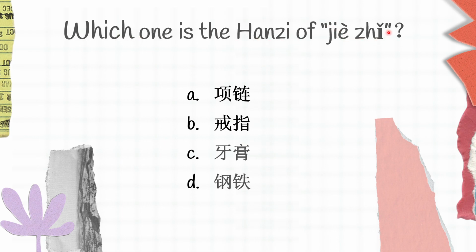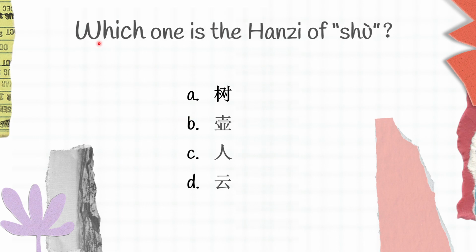The next question, which one is the hands of 戒指? I'll give you time to think first. A is 项链, B is 戒指, C is 牙膏, D is 钢铁, and 戒指 is B. Another question here, which one is the hands of 树?